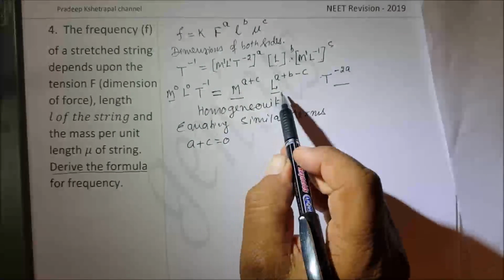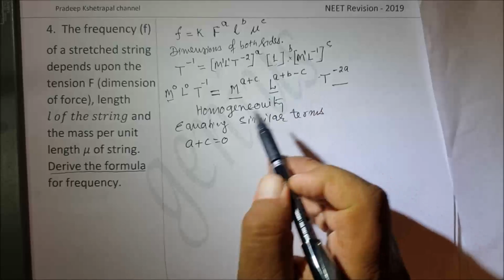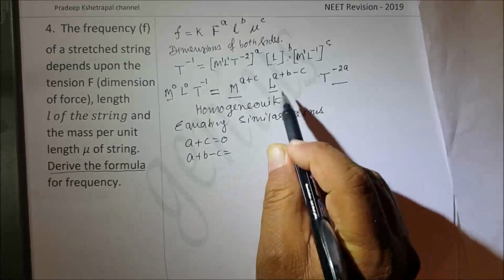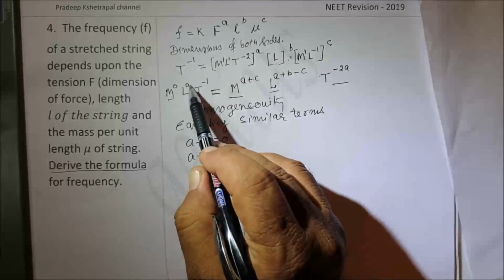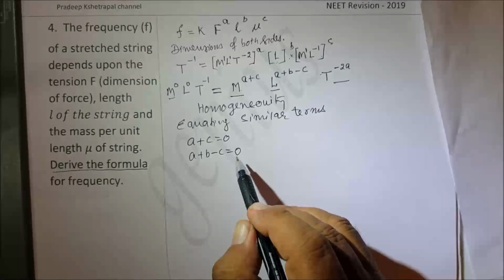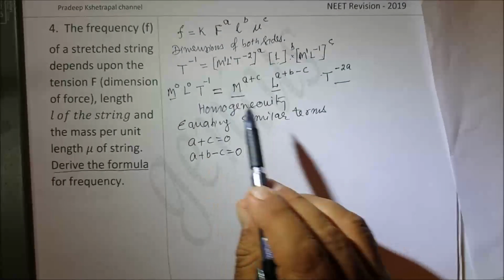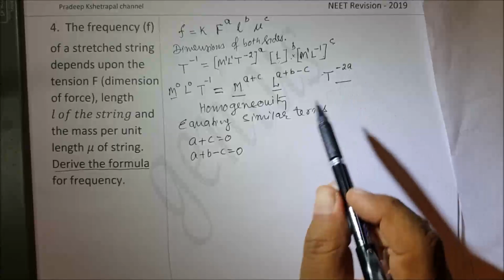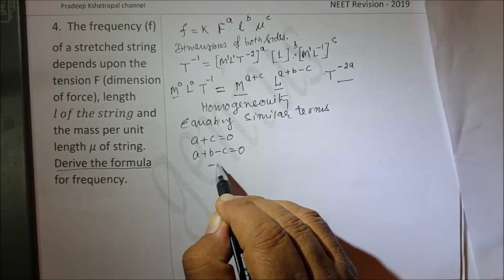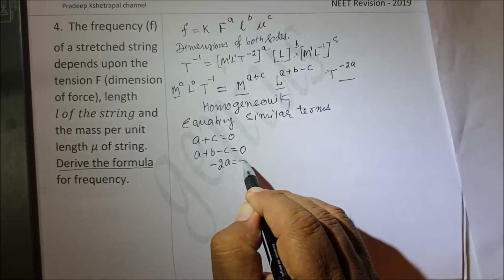Then we get the second equation that gives us A plus B minus C, and L to the power 0, so this is also 0. This is the second equation, and now we go for the third equation, T to the power minus 1, T to the power minus 2A. So minus 1 is equal to minus 2A.